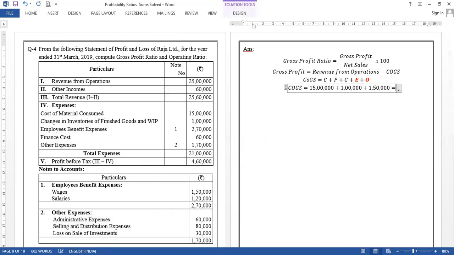So the total of these three, 15 lakhs plus 1, 16 lakhs plus 1, 17 lakh 50,000, is my cost of goods sold. Now, once I get the cost of goods sold, it is easy for me to calculate the gross profit.